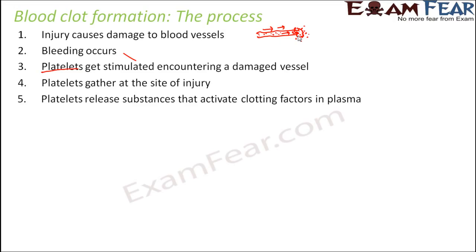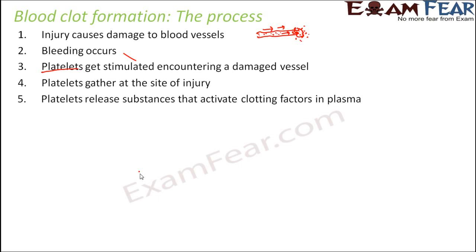Remember, I was talking about the proteins which are present in plasma, whether it is fibrinogen or globulin or albumin, they all are inactive in the plasma. So you actually need to activate them. Now out of all those plasma proteins, the one which actively takes part in clotting is fibrinogen. So fibrinogen needs to be activated in order to help in clotting. So these platelets release substances which help to activate fibrinogen.